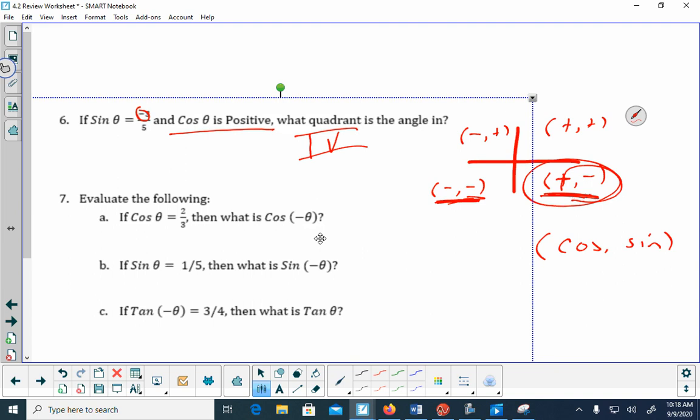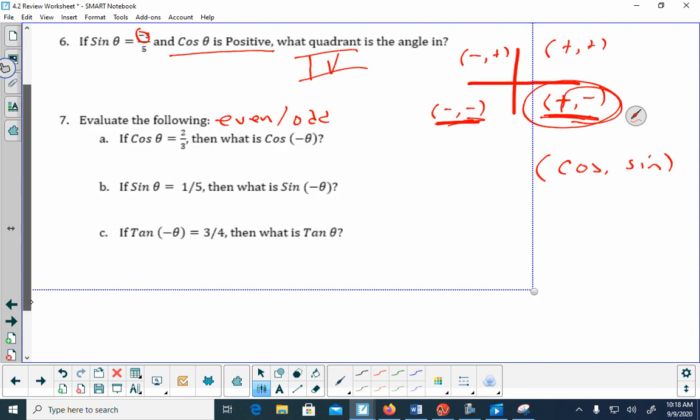Number 7 says evaluate the following. This is based on even and odd functions. So remember, an even function: if you take the cosine, like we said, cosine of 30 degrees was the square root of 3 over 2. Then if you take the cosine of negative 30 degrees, you're going to drop down into the fourth quadrant, where cosine is still going to be positive.